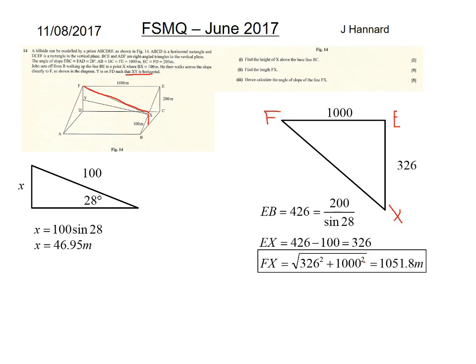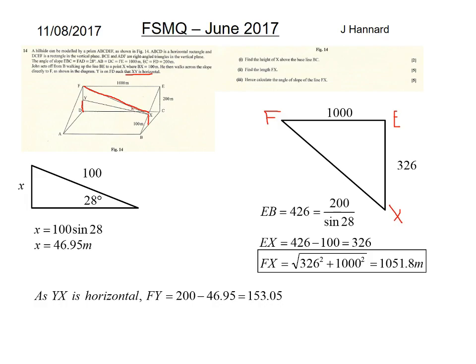Part C then, hence calculate the angle of the slope of the line FX. Well, we use our knowledge that this line is horizontal, so this line here must be equal to the height that is above because that is horizontal. So YD is equal to 46.95, so therefore FY is equal to 200 minus that 46.95, which is 153.05, so that's FY, which is up there.